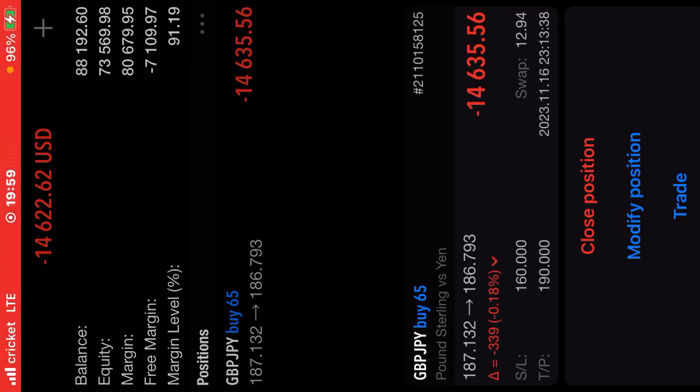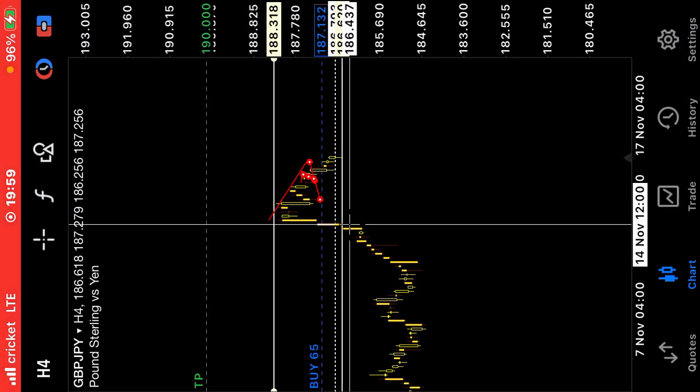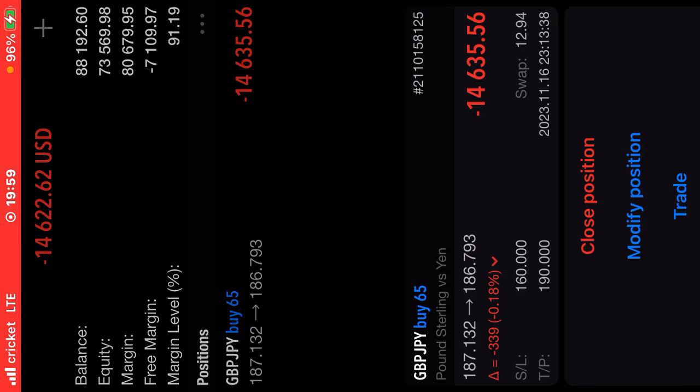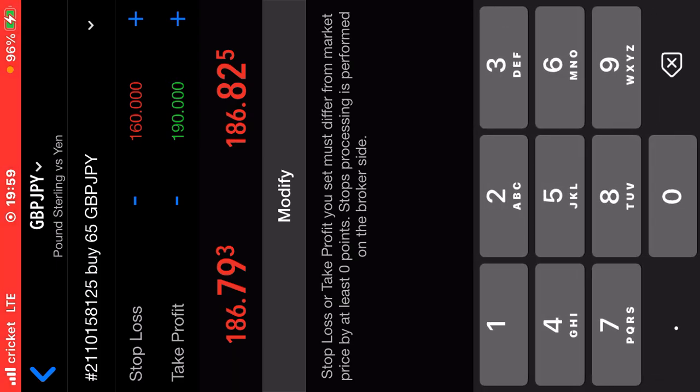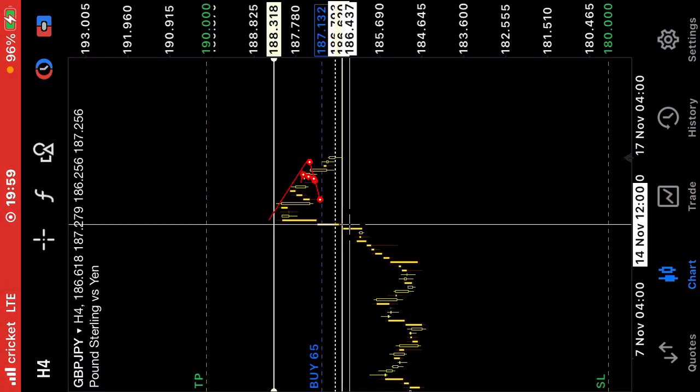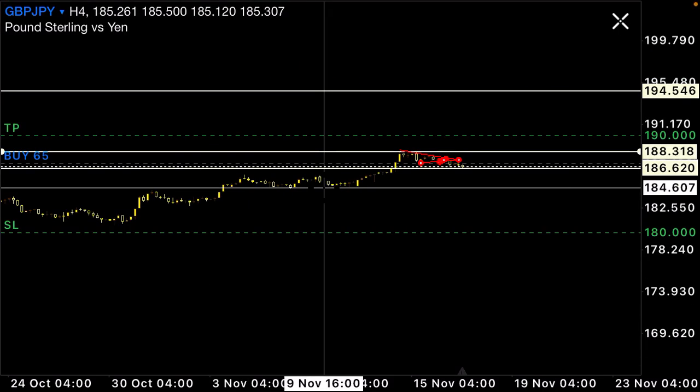Like that, hit it again, tap, whoops. Hit it again, modify position, oops, stop loss, 180.000. Modify, and then hit the chart at the bottom, turn the phone sideways, and now there it is.